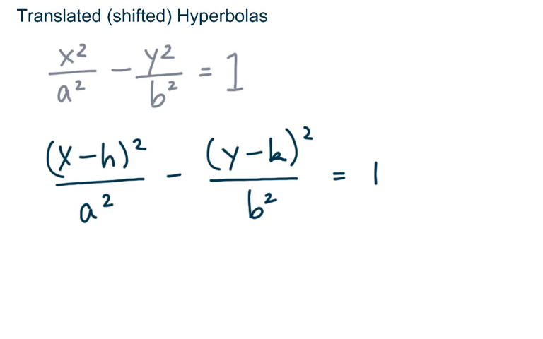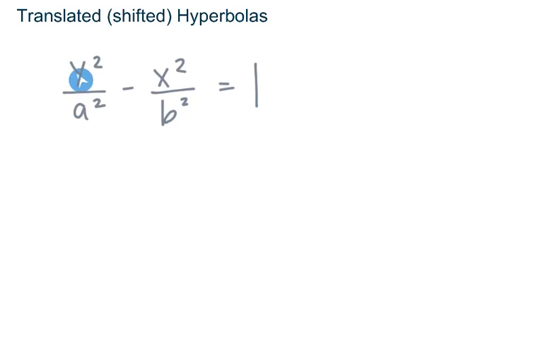The one thing we want to make sure we pay attention to, especially because we're used to putting x first and y second, is that h is always with x and y is always with k. And depending on that order, the k could show up first and the h could show up second. And by that, I mean we could have y squared minus x squared.